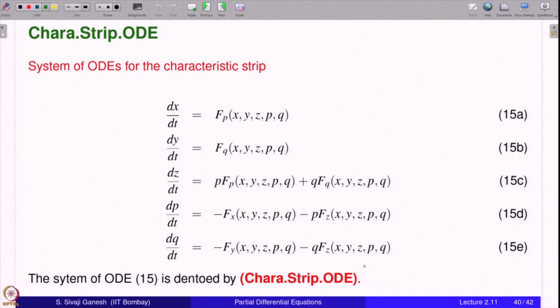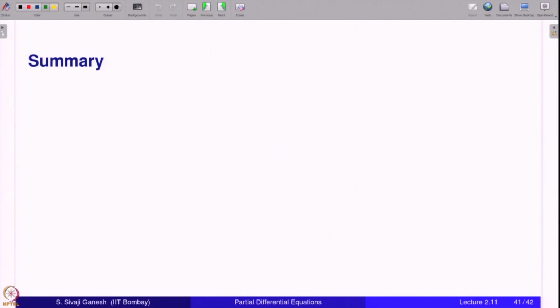Now, there should be no problem because x y z p q, here also x y z p q, anything else f, we know f, therefore, we know f p f q. So, no problem. Of course, this is a nonlinear system of ordinary differential equations. How to solve this? We have to solve this to get the characteristic strip, and that we will do in the next class.